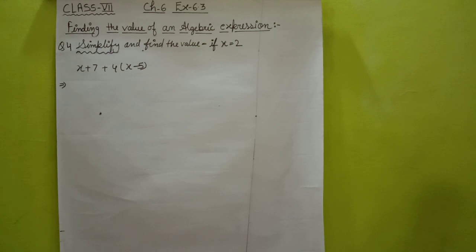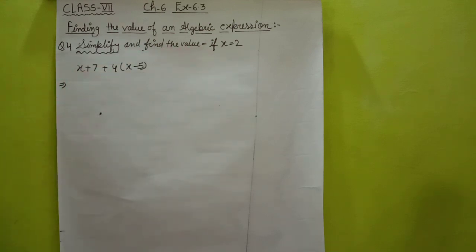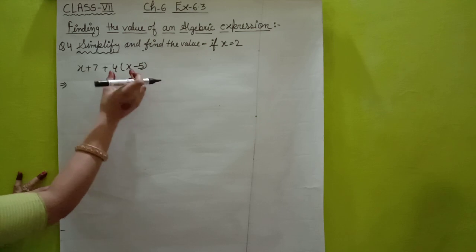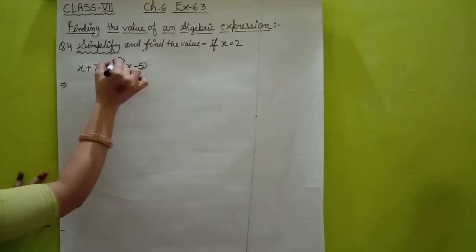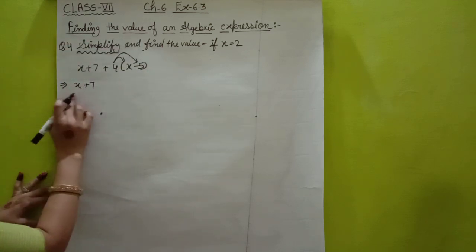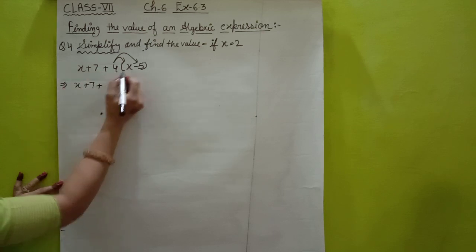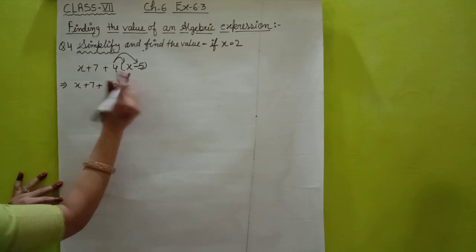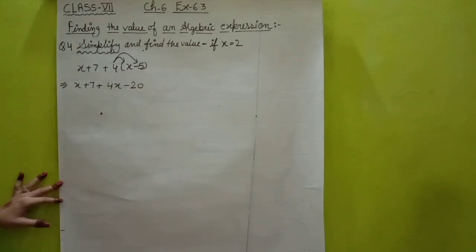Students, now question number 4 is the same as question number 3. Simplify and find the value if x is equal to 2. So first of all, I will simplify this bracket. First I will multiply with x, then I will multiply with minus 5. So x plus 7 will remain the same and this plus sign also. 4 multiply x, 4x, then minus 4 multiply 5, 20. 4 fives are 20.